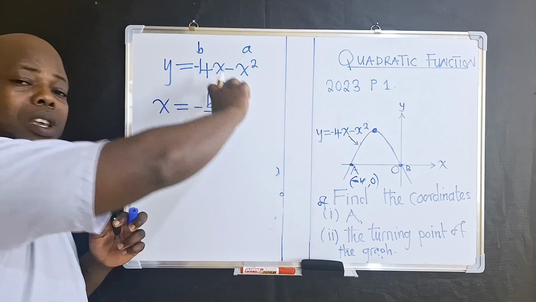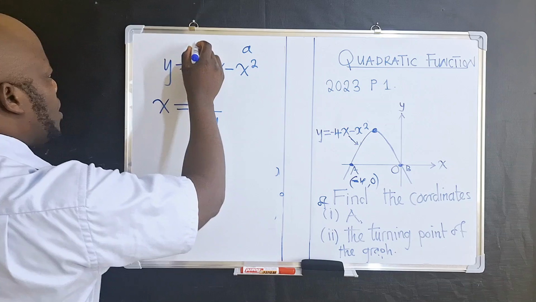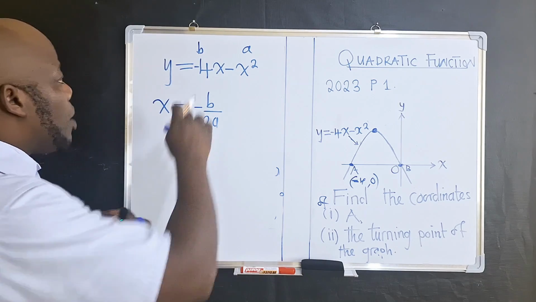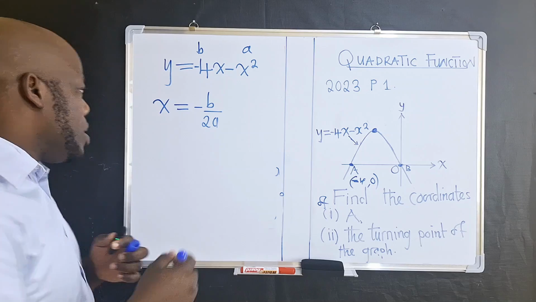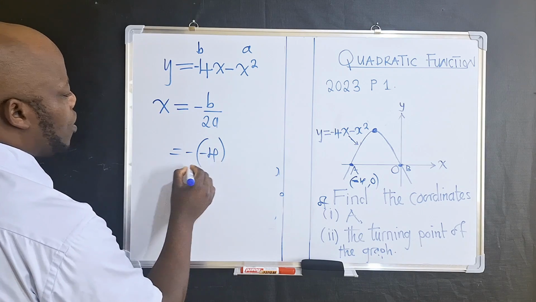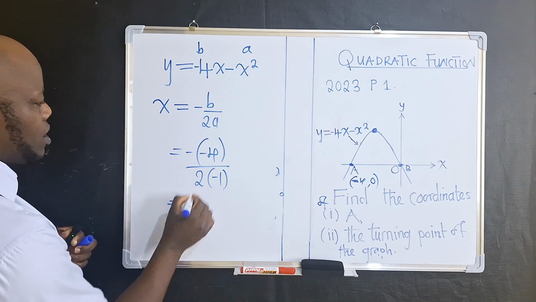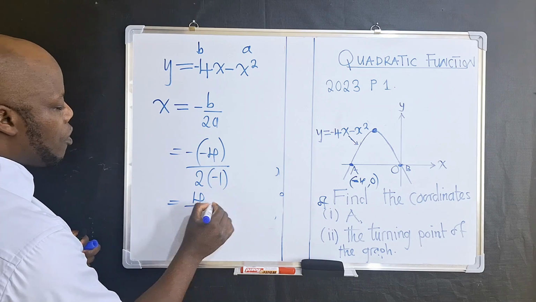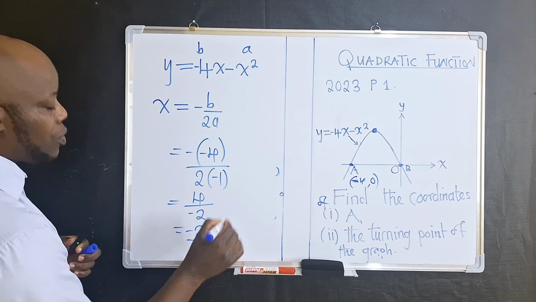Wherever there is power 2, that's our a when we follow the standard form of a quadratic equation. Where there's just x and the coefficient, that is our b. So we can say negative 4 over 2 times negative 1. We simplify, this is negative 4 over negative 2, which is equal to 2.